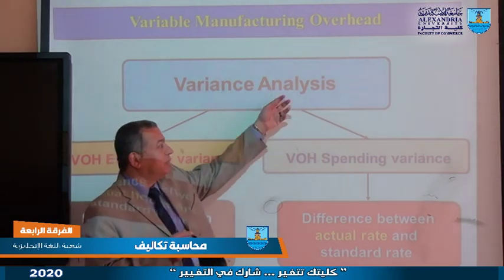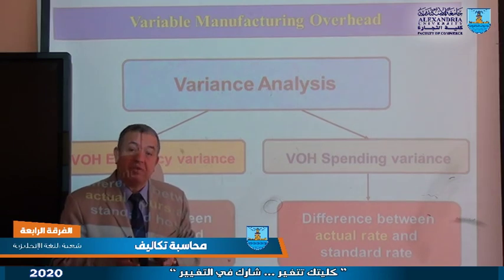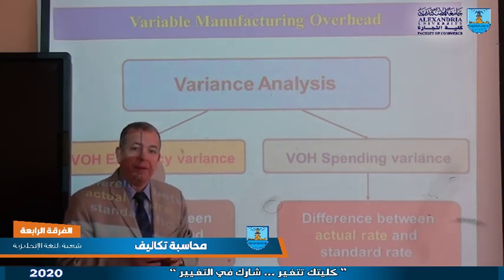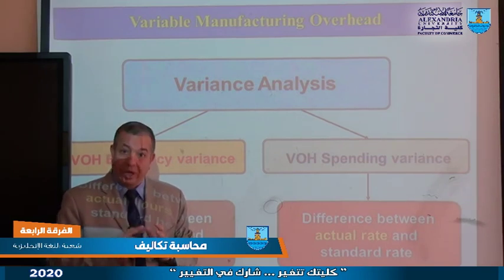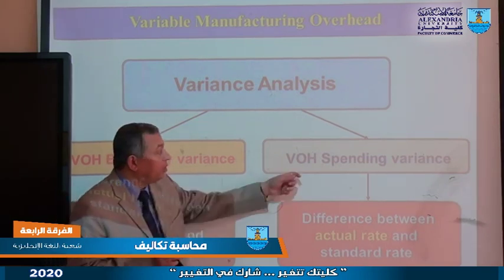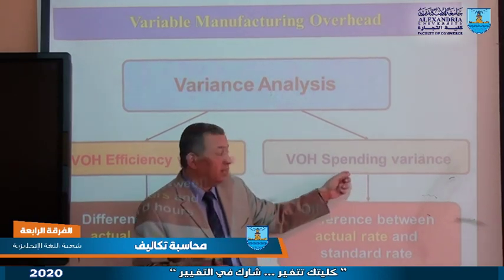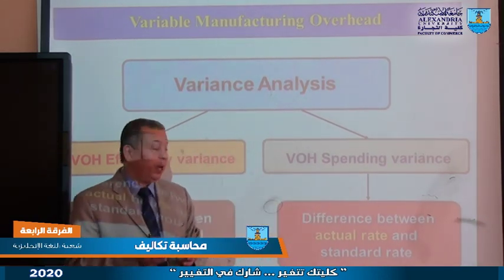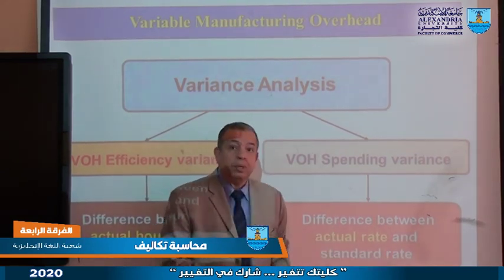What about the second kind of variance for variable manufacturing overhead? We don't say price like direct material. We don't say rate like direct labor, but we say spending variance. The spending variance here is the difference between actual rate and standard rate.